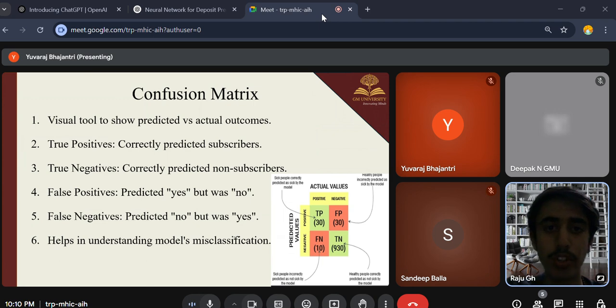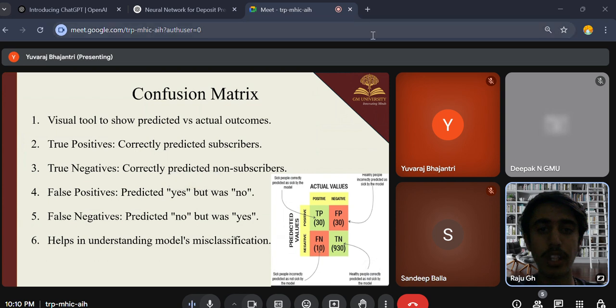Next, we move on to the confusion matrix. This slide explains the confusion matrix, the key tool for evaluating classification models. It shows the predicted outcomes versus actual labels. A true positive means the model correctly identifies a subscriber. A true negative means it correctly predicted a non-subscriber.